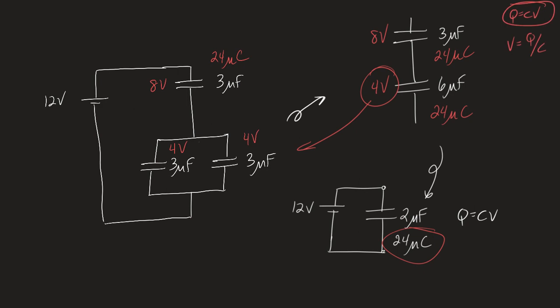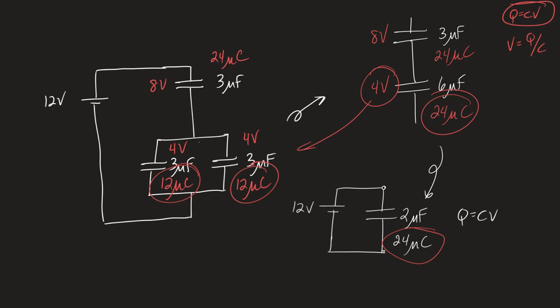Now that I've done so, I can figure out the charge on each capacitor. So 3 times 4, 12 microcoulombs. 3 times 4, 12 microcoulombs. And of course, I can check. 12 plus 12 equals the 24 that was there before.